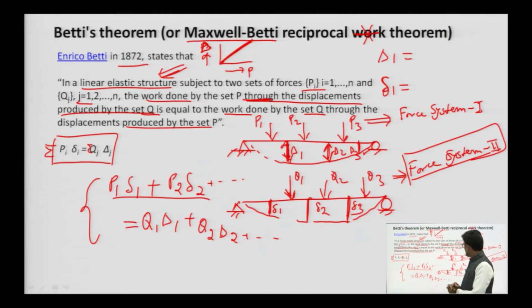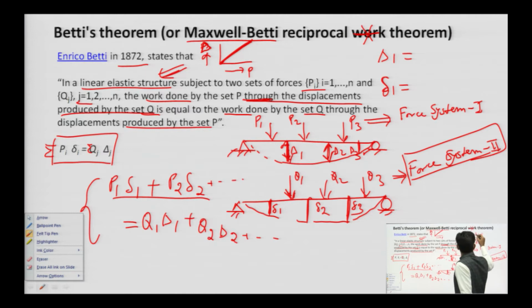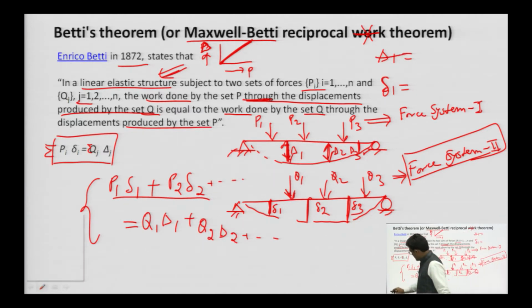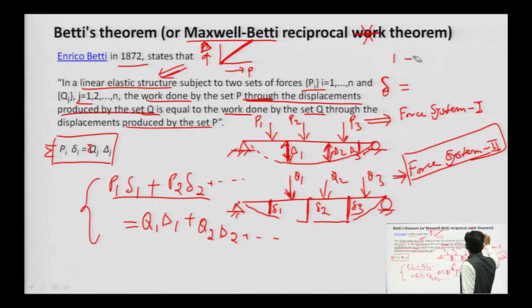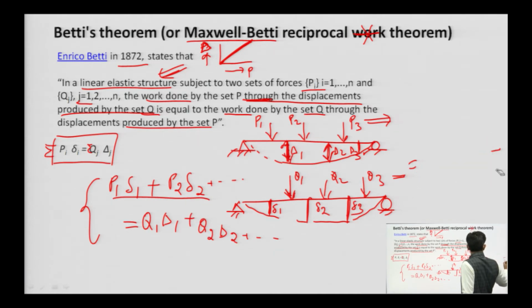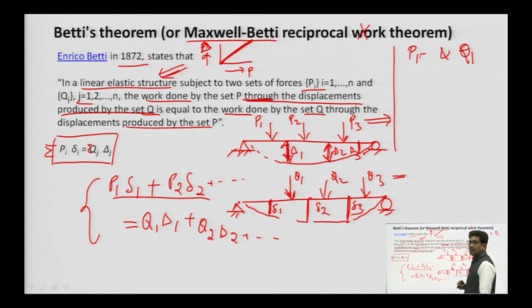And here, suppose we have only two loads, P1 and Q1.